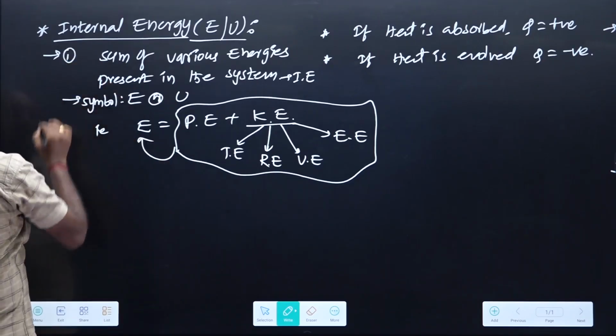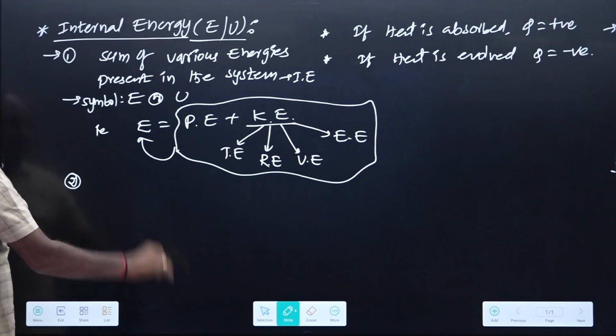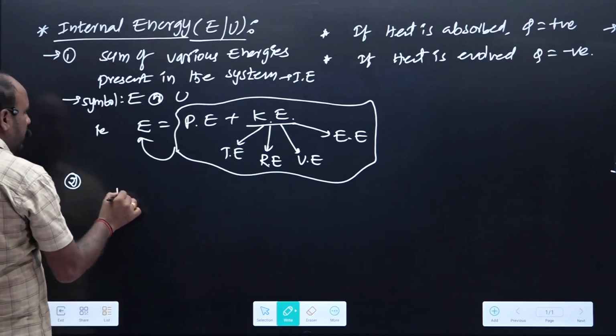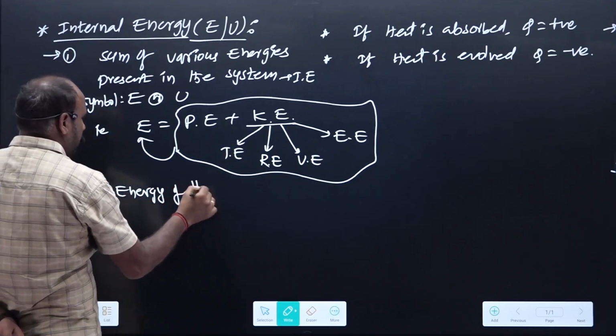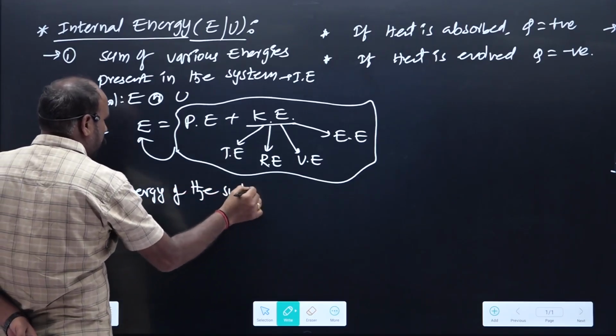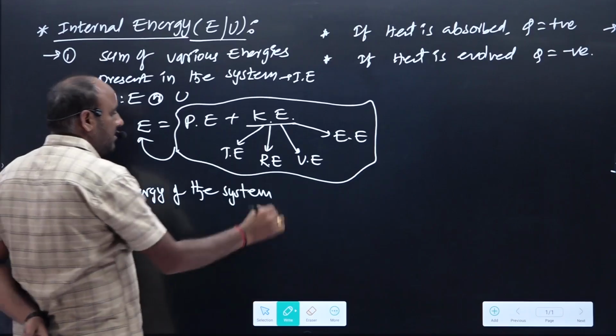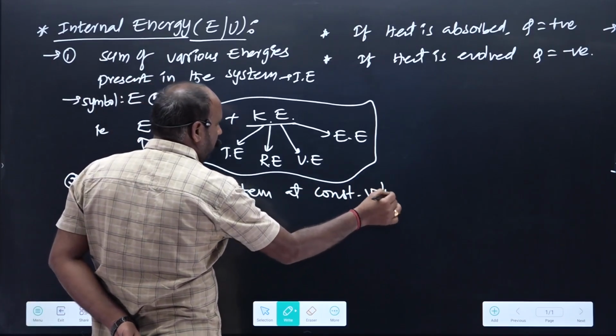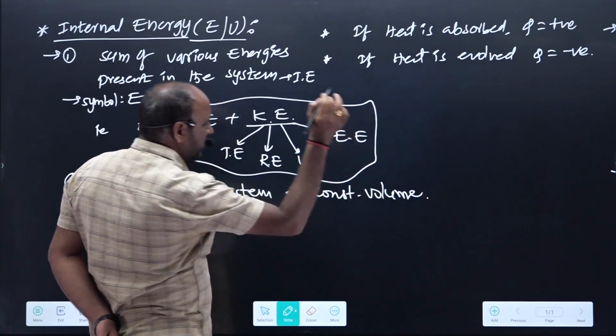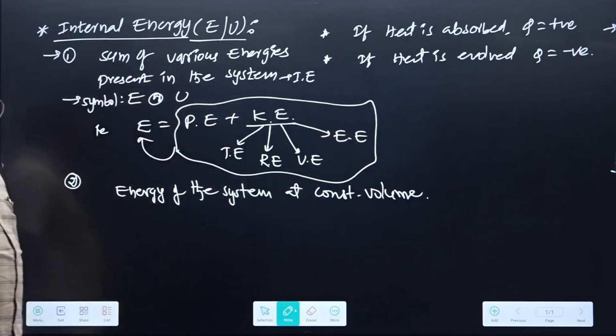There is one more definition also. The energy of the system at constant volume. That is also called internal energy.